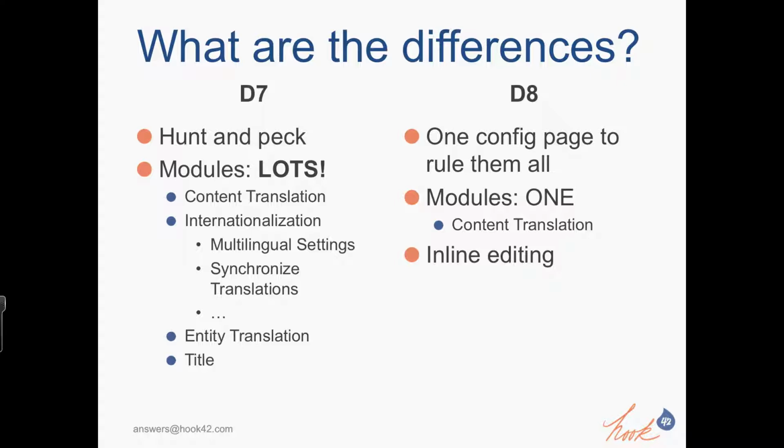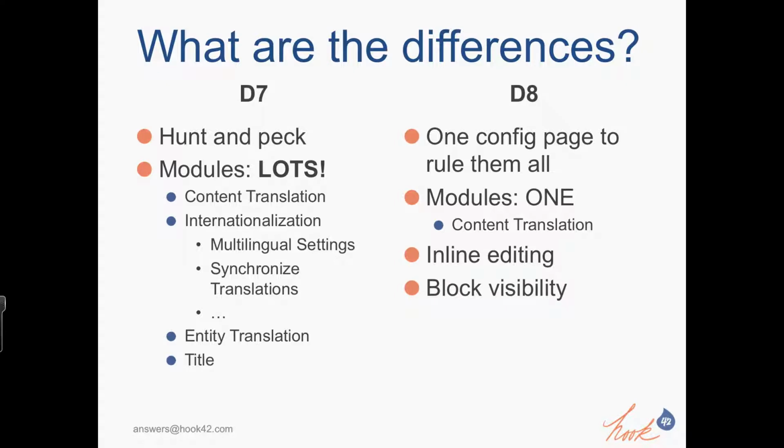It's one of the best new features of Drupal 8 that you can basically edit from the user interface. You don't have to go into a node edit screen. You can just click on the body content and start editing in place. And that's really enabling for content editors that are not really technical. And also it helps really enable translators as well.